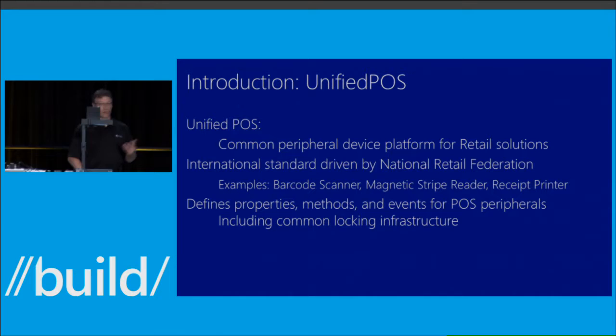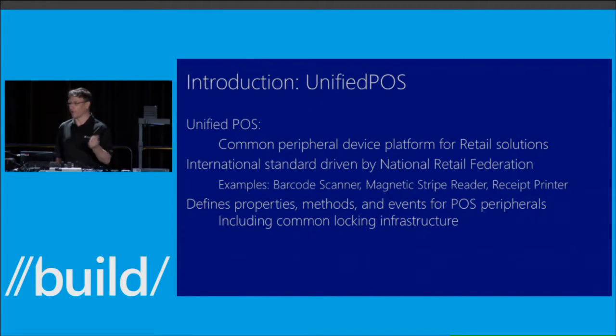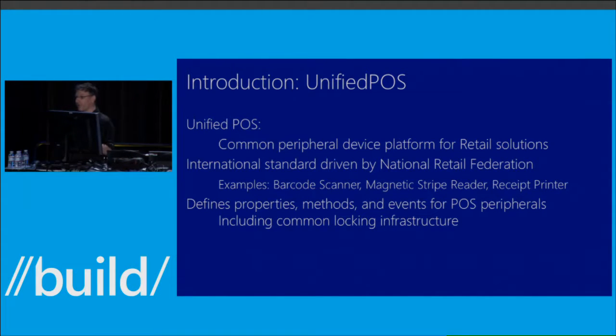So if we think across various implementations of the Unified Point of Service API, you may be familiar with things like OPOS, OLE for Point of Service, or POS.NET, the POS solution for desktop .NET applications. These implementations are based around that unified POS definition or standard in terms of the API surface that is defined for application developers to consume.